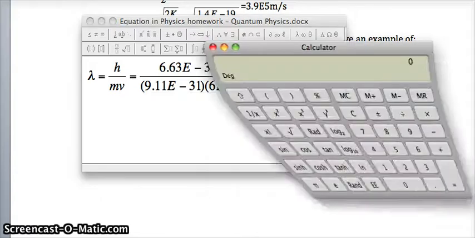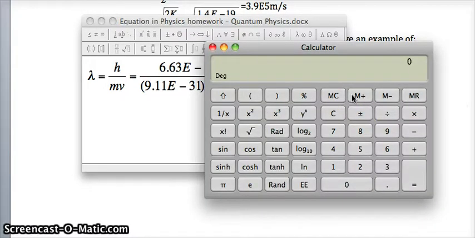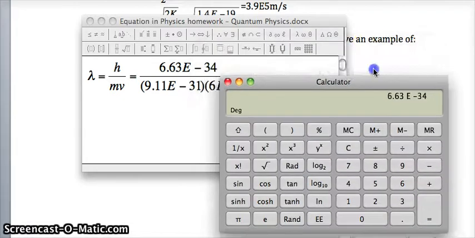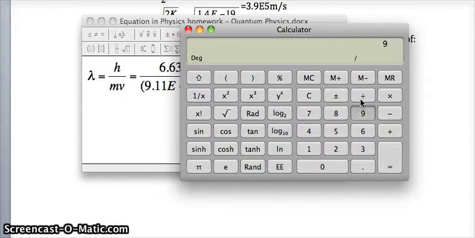So we'll figure out what that is. 6.63 times 10 to the negative 34, divided by 9.11 times 10 to the negative 31, and then divided by 6 times 10 to the 6th equals.